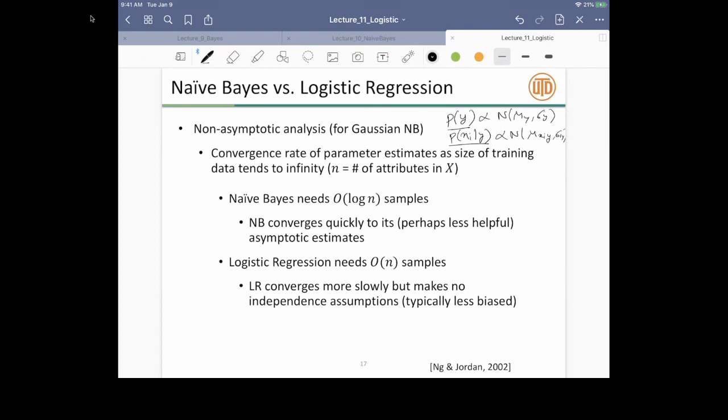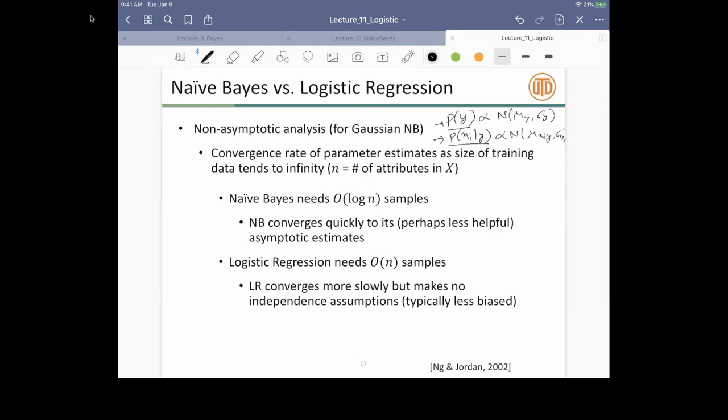The advantage of Gaussian naive Bayes is that you can model continuous values more naturally, as opposed to discrete naive Bayes. But of course, you still have the conditional independence assumption, and you're also making one very important assumption that your P of y and your P of x given y are Gaussian.